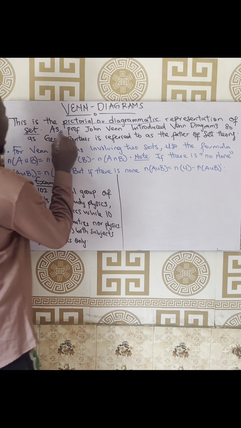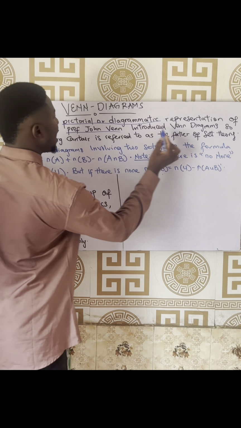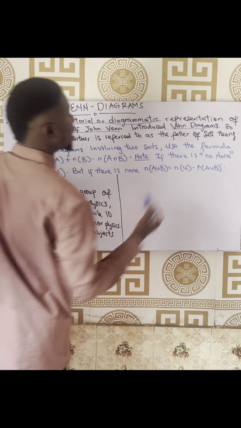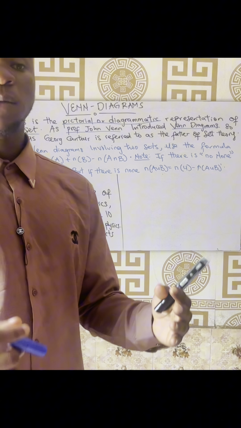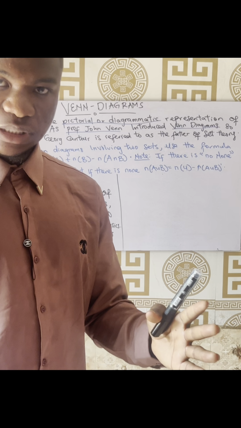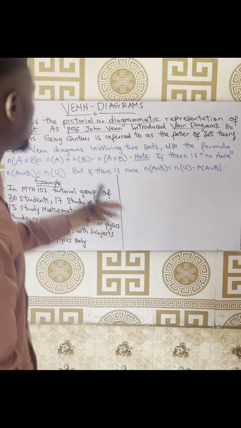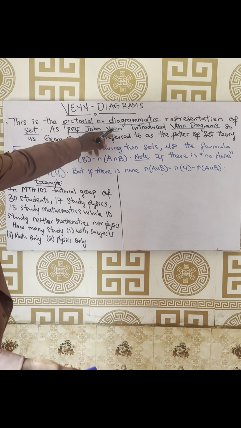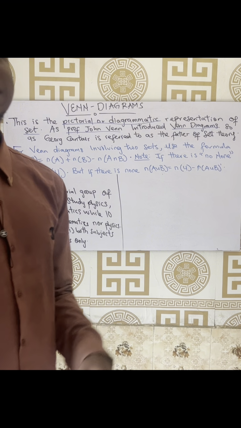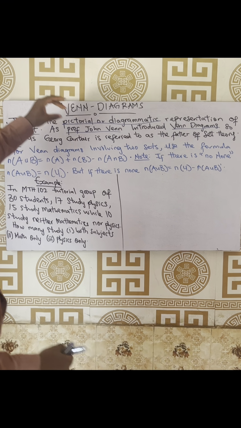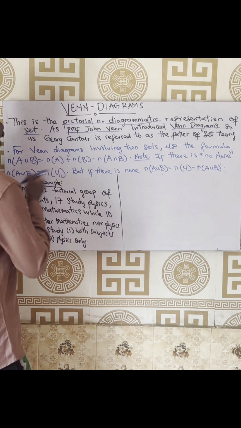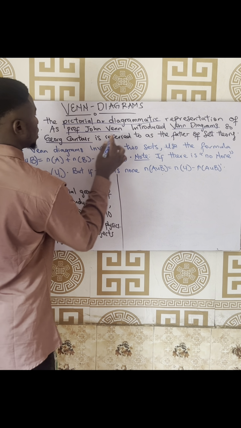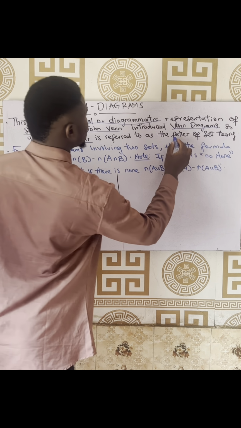Now, Prof. John Venn introduced Venn diagrams, this simply means that the person who first talked about or introduced the Venn diagram to us is who? Prof. John Venn. And that is why the name was what? Venn diagram.